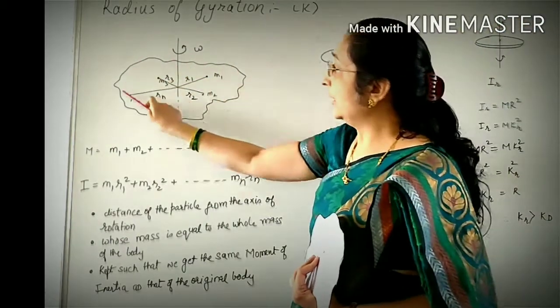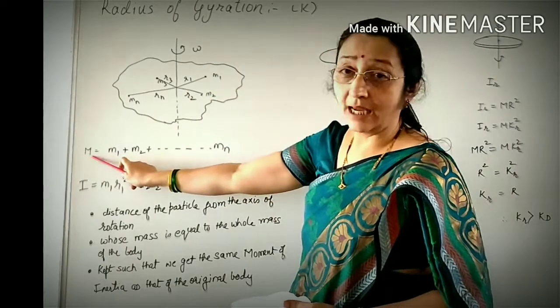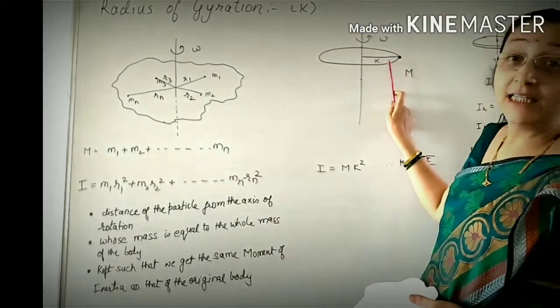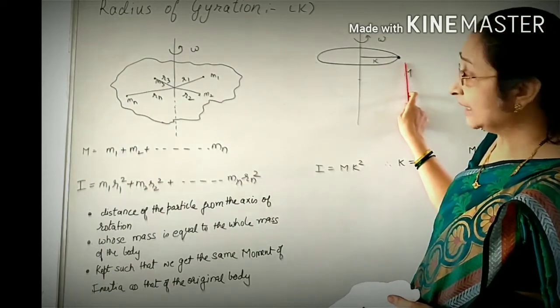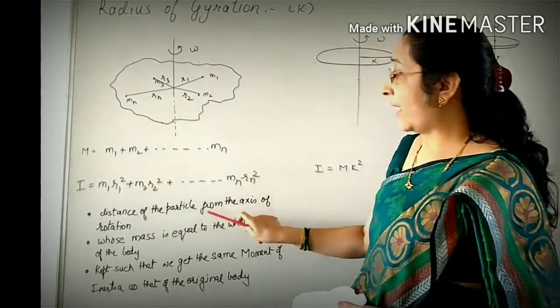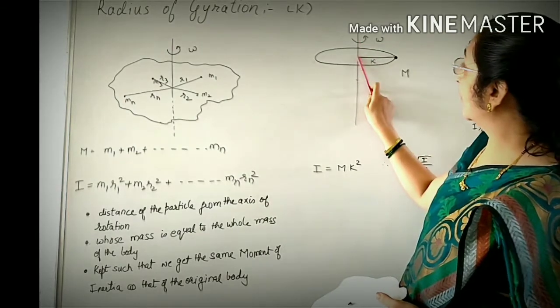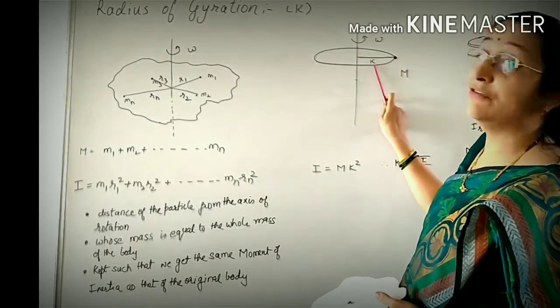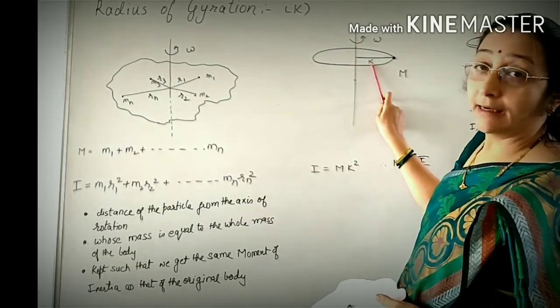Instead of this whole body, we are considering only one particle. This body, which has a number of particles, has mass m. We are considering a single particle of mass m here. Now the distance of the particle from the axis of rotation, from this axis, the distance of this particle is k. This is the radius of gyration.